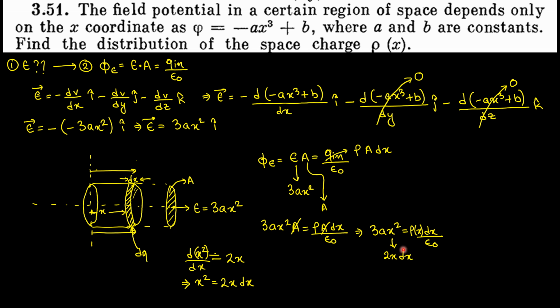Now I can cancel out this dx and dx. So 3a into 2x dx is equal to rho dx by epsilon naught. The dx and dx get cancelled, so 6ax epsilon naught is equal to the charge density.